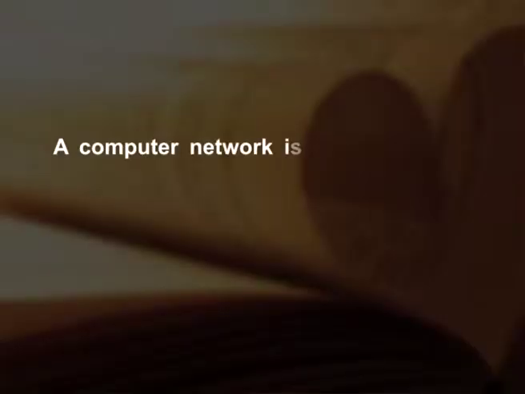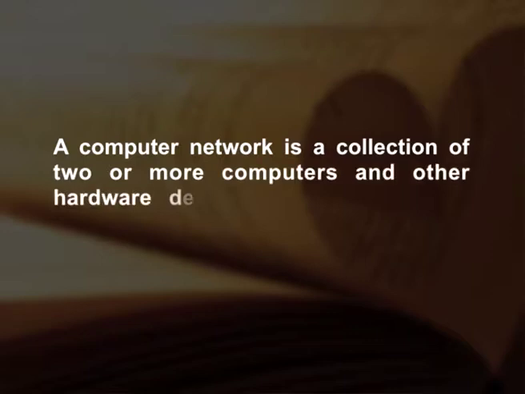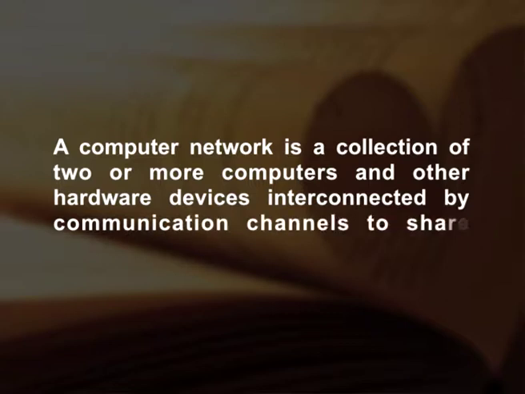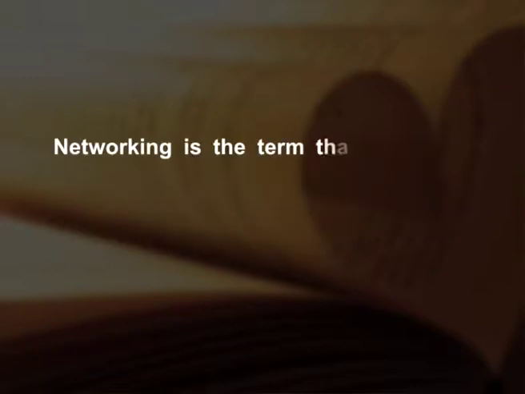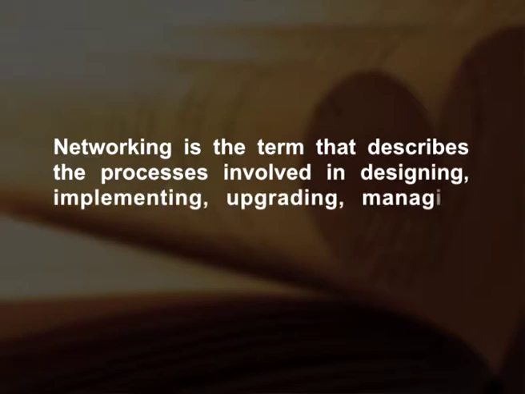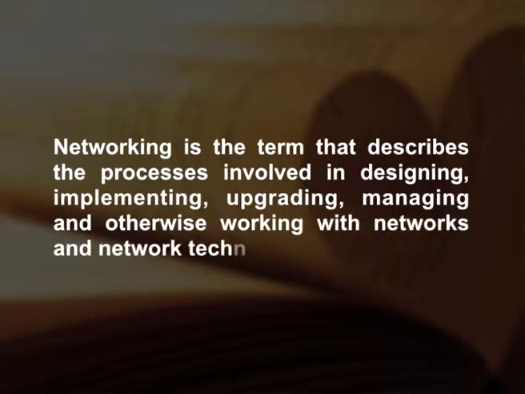A computer network is a collection of two or more computers and other hardware devices interconnected by communication channels to share information and resources. Networking is a term that describes the processes involved in designing, implementing, upgrading, managing, and otherwise working with networks and network technologies.